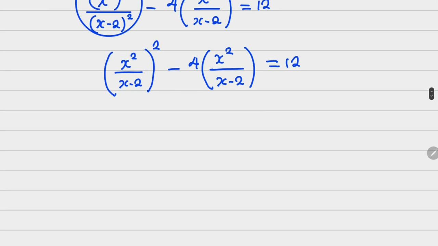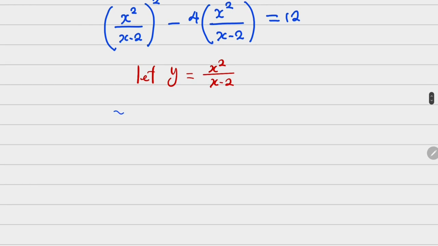Now I have made it so simplified that I can substitute to say let y be equals to x squared over (x minus 2). Now having said that, then I'm going to have y squared minus 4y is equals to 12, which will be y squared minus 4y minus 12 is equals to 0.